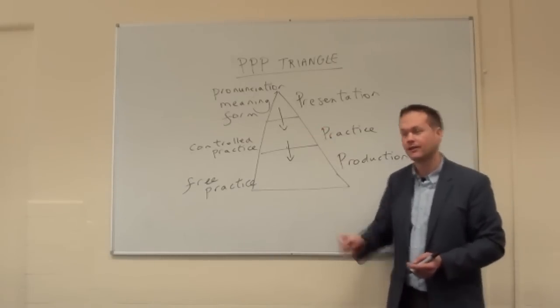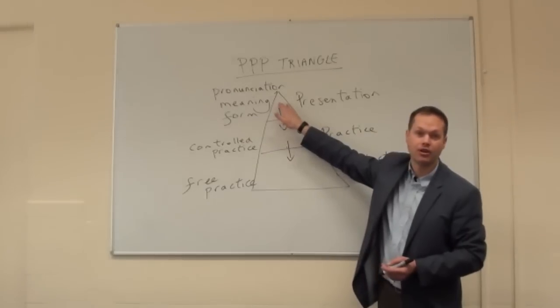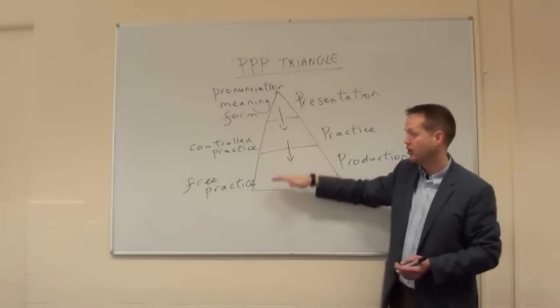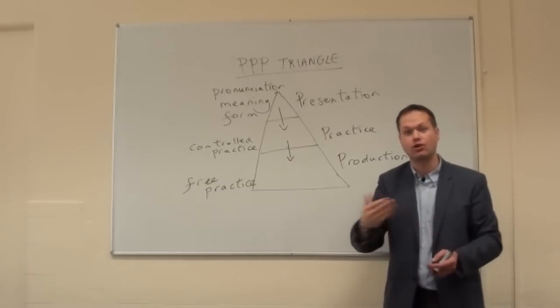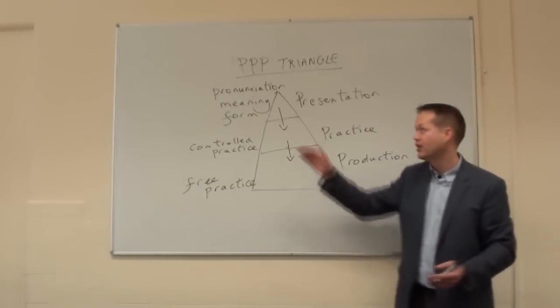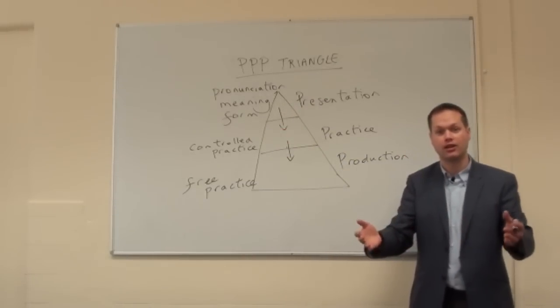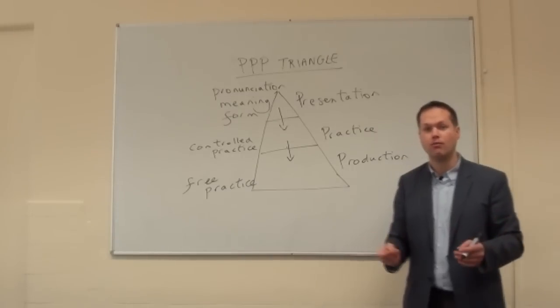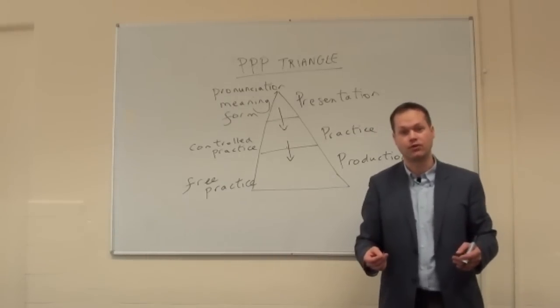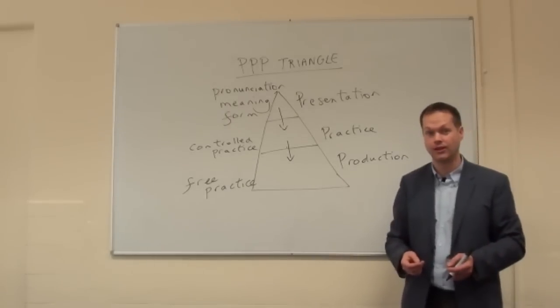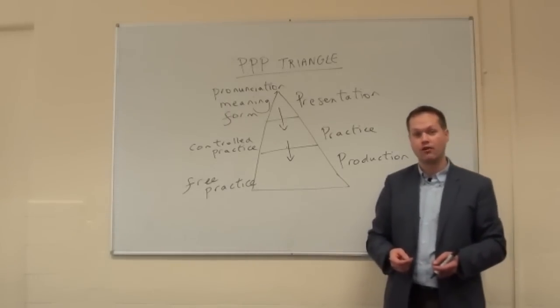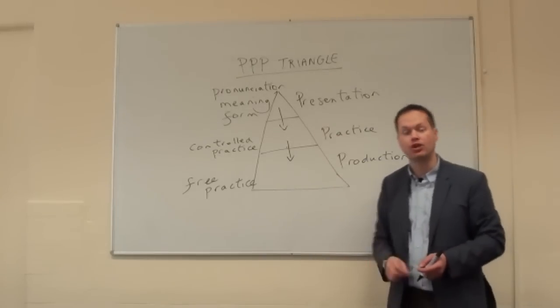As you see, teacher talking time is reduced at the start, becomes less as it continues. Student talking time is getting more and more involved, it's getting wider, it's becoming more part of the lesson, becoming more student-centred. So that's one of the great advantages of the PPP Triangle.